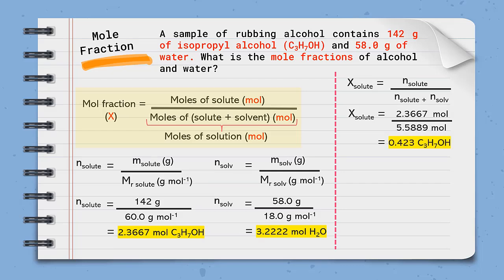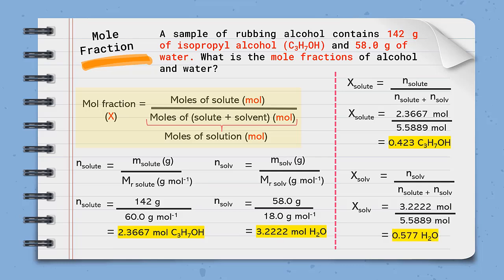Simply substitute the value and you're going to get 0.423. Since it's just a fraction, it has no unit. And then we have the mole fraction of solvent. Make sure your numerator is the mole of water. And lastly, you'll get 0.577 for H2O.